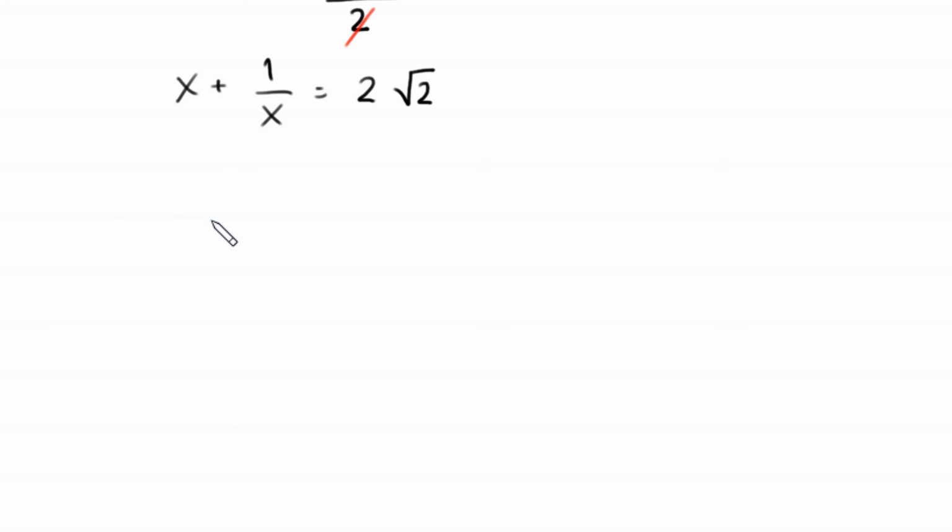Now we find the value of x minus 1 over x by using this identity: (a minus b) whole squared is equal to (a plus b) whole squared minus 4ab.